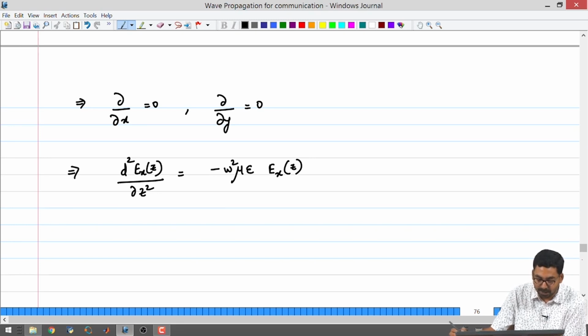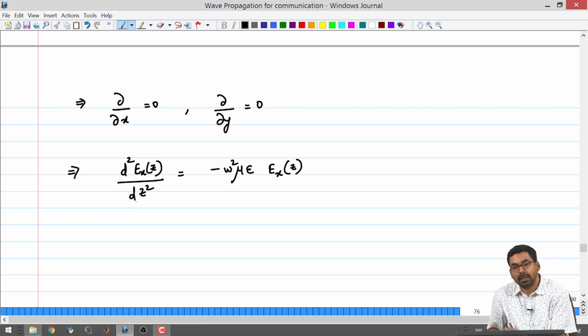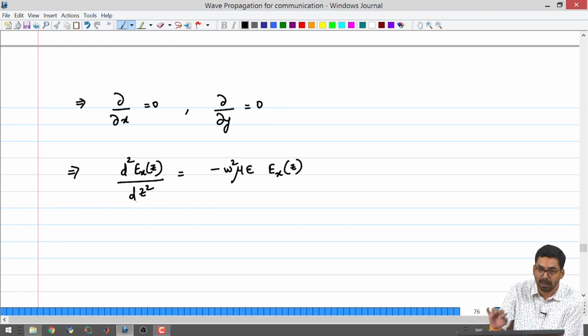I am just writing this down as d square E by dz square, assuming that there is a variation with respect to time that is periodic. I have not written the e to the j omega t over here explicitly, but Ex of z should involve that also. If you want to be more specific, you can always write this down, left hand side and right hand side multiplied with e to the j omega t, and you will get the exact E of z comma t on both the sides.